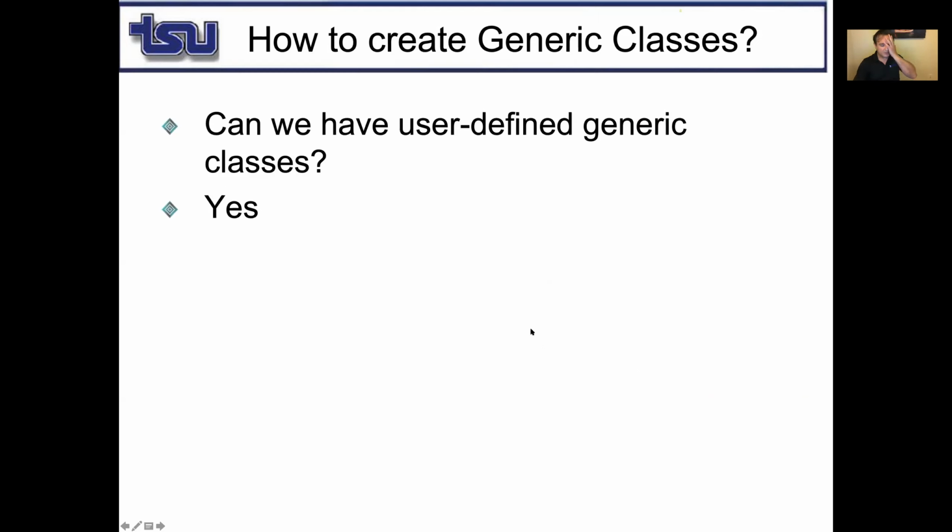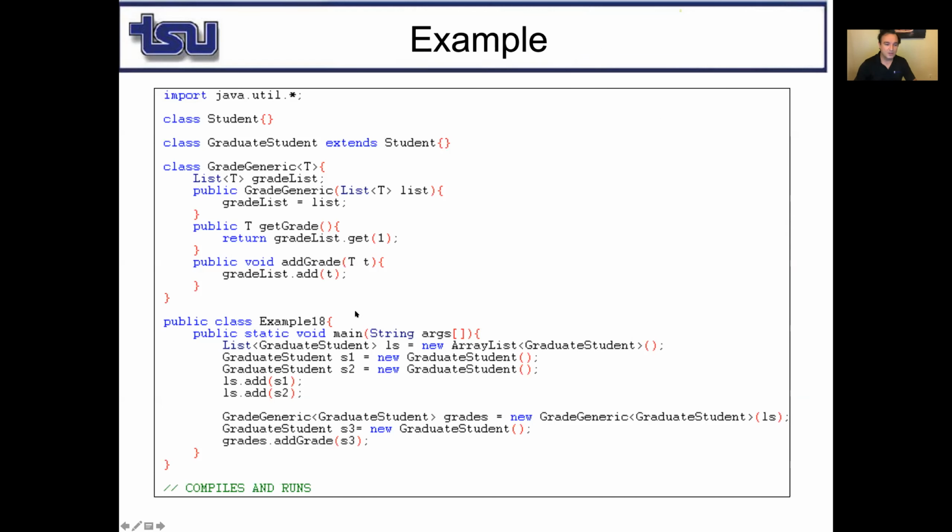So now we are going to go a little deeper. Can we have user-defined generic classes? Yes. Okay. So let's pay attention on this example. I have class student, and then I have graduate student, extend student. Then I define a class called grade generic, and the generic type is T. And it has one data member called grade list. And it has a constructor, as you see here.